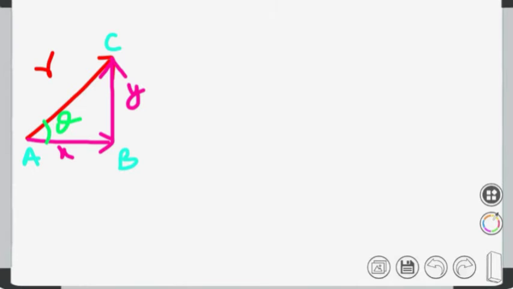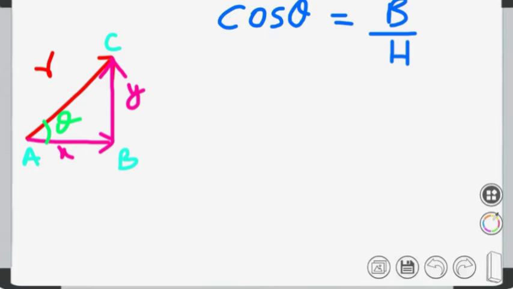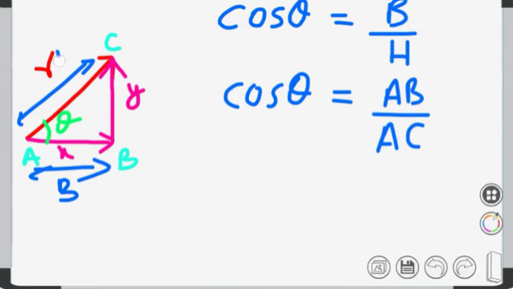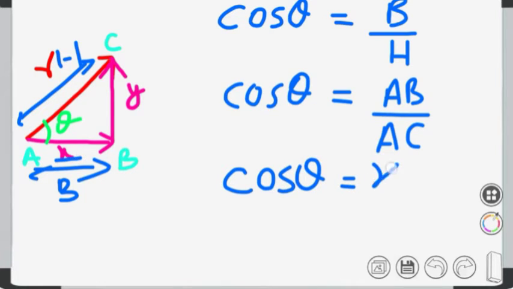Now using the same triangle, we will calculate the value of cos, that is cos theta is equals to base over hypotenuse, which can be written as cos theta is equals to base, that is AB, over hypotenuse, that is AC, respectively, which can be further written as cos is equals to x over r.